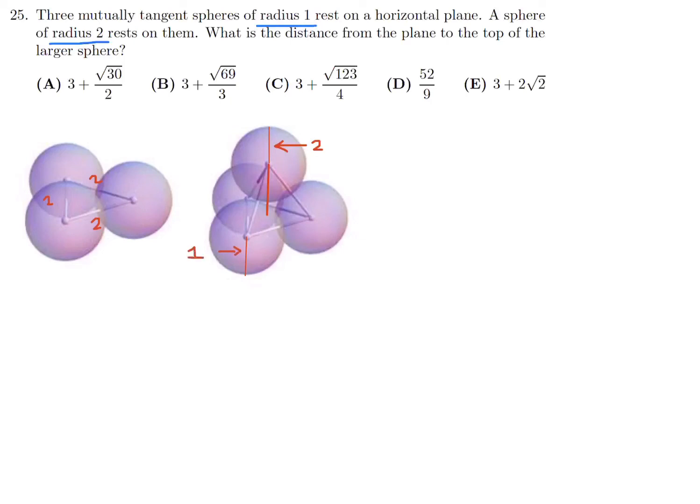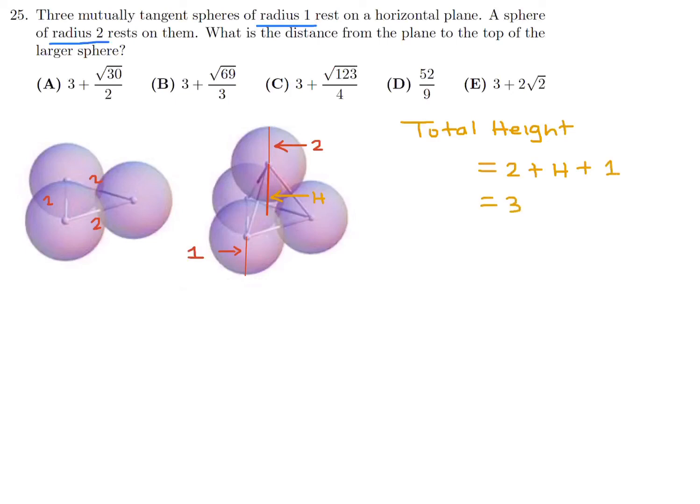And now we just have to concentrate on this one in the middle, which represents the distance from the center of the top sphere to the base of that equilateral triangle. I'll call it H. So when I'm done, my total height from top to bottom of this figure will be 2, plus my H, plus that one right there, 1.